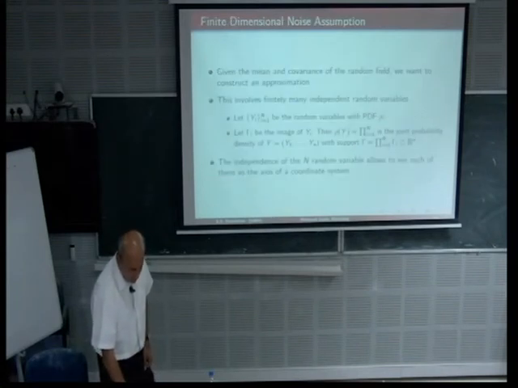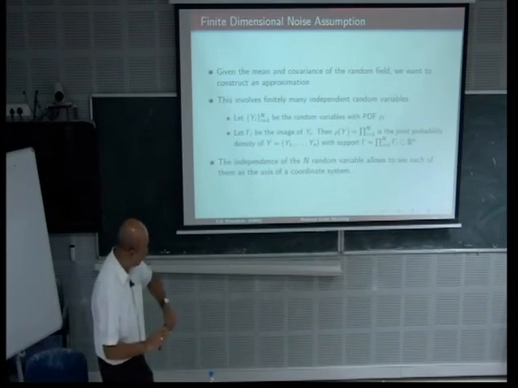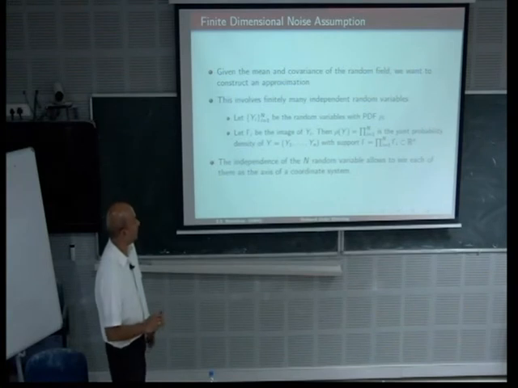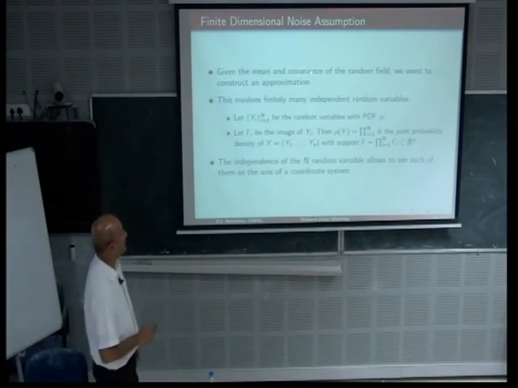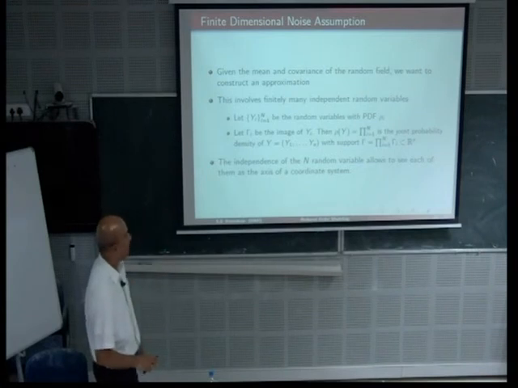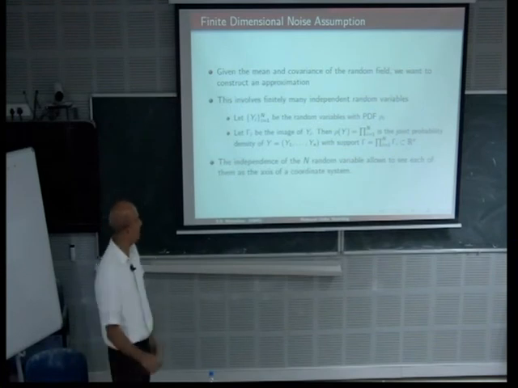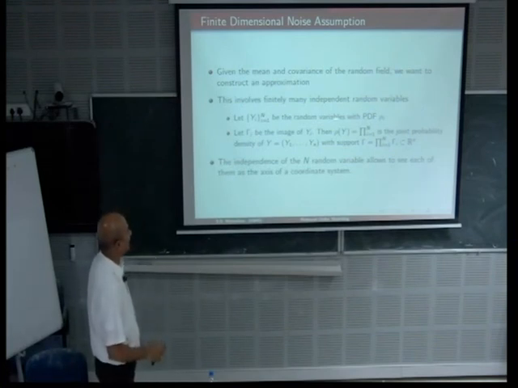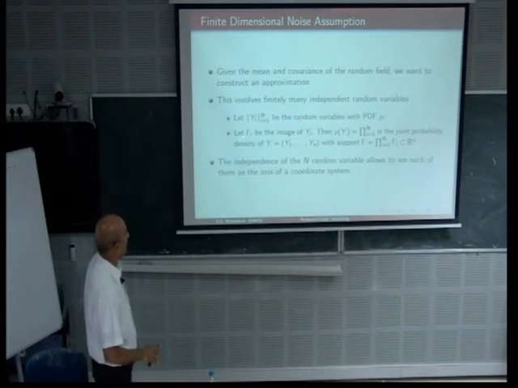So the finite dimensional noise assumption is important if you want to do computation. Given the mean and covariance of the random field, we want to construct an approximation that involves finitely many independent random variables. We have seen one way to get finitely many random variables to represent your random fields and random inputs. Now let y_i be random variables with PDF rho_i, and let gamma_i be the image of y_i.